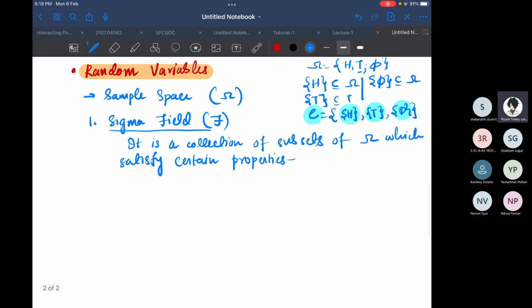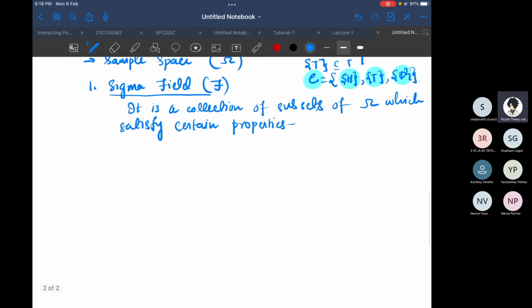But a sigma field also has certain properties. Let us list them one by one.